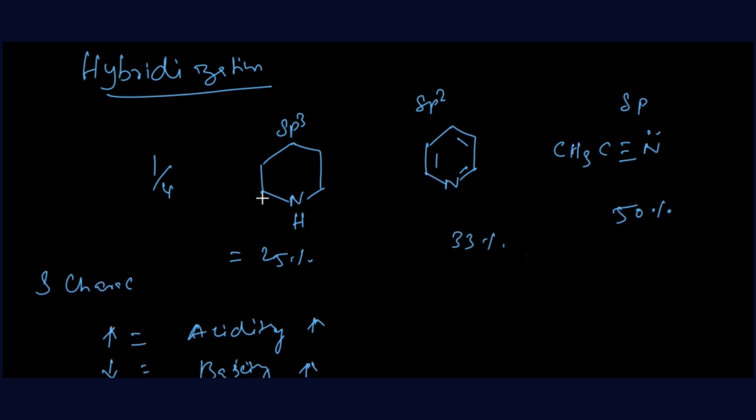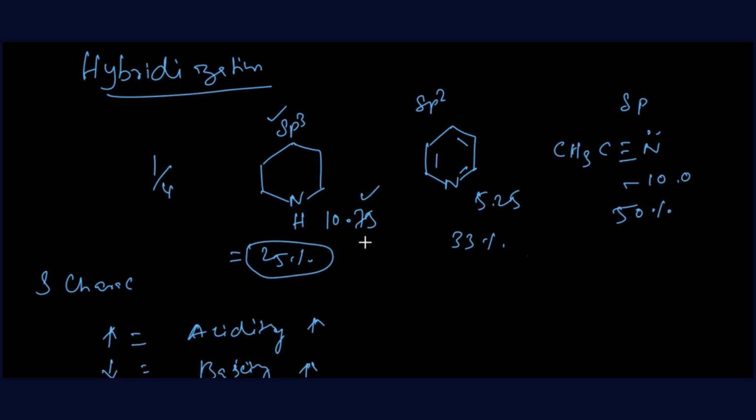So here which one is having less s character? This sp3 hybridization has less s character. That's why these are highly basic in nature. For example, this pKa value is 10.75, and this is 5.25, and this is minus 10. You see, this has the higher pKa value.